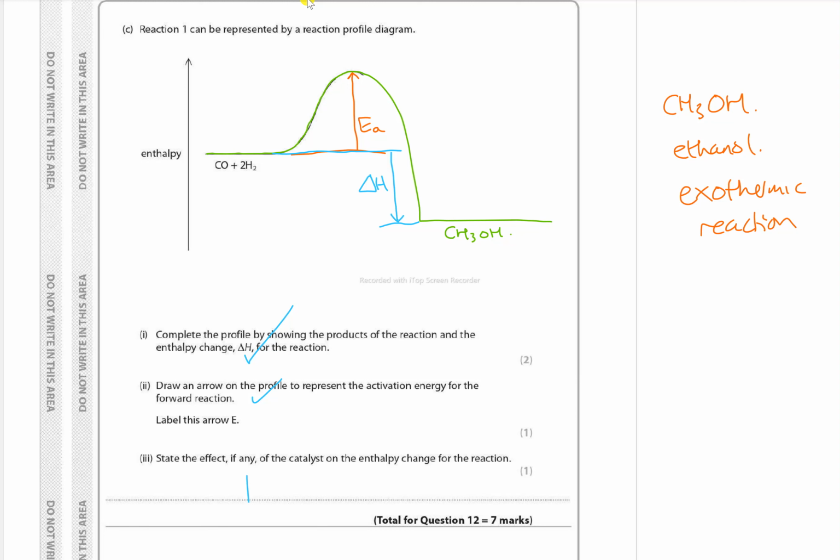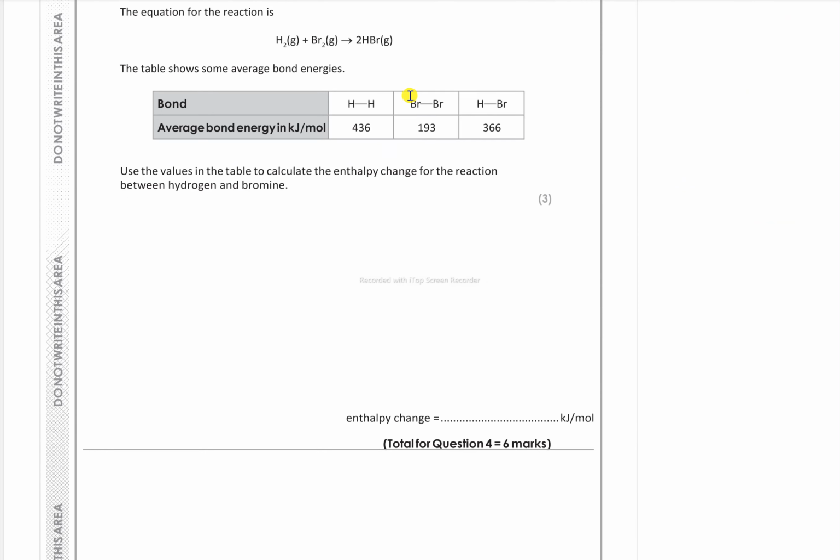Do you know a catalyst does not affect the energy level? It just affects the rate of reaction. It doesn't affect the yield either. But don't worry about that. Does it have an effect? No, it has none.